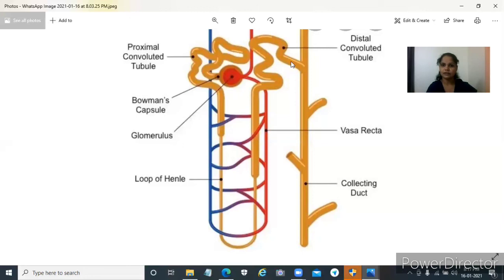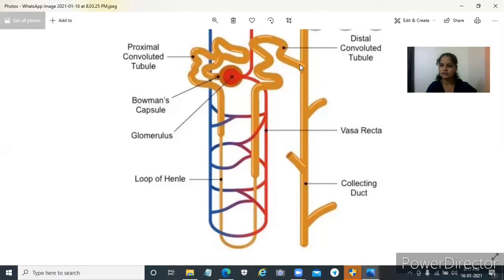Distal convoluted tubules help to maintain the pH of the body fluid, because we know our body fluid is maintained from 7.35 to 7.45. So they play an important role in the reabsorption of water. The last part is the collecting tubule.